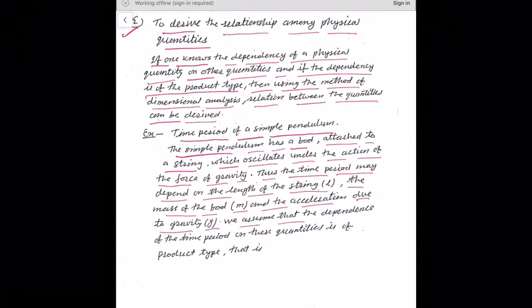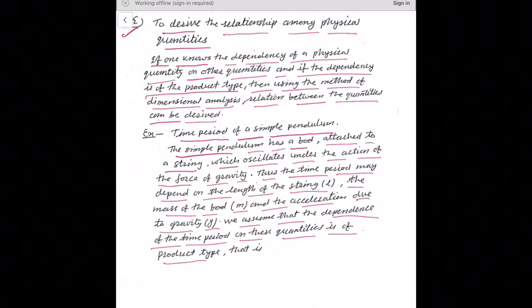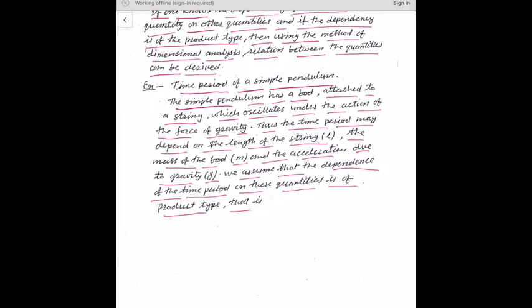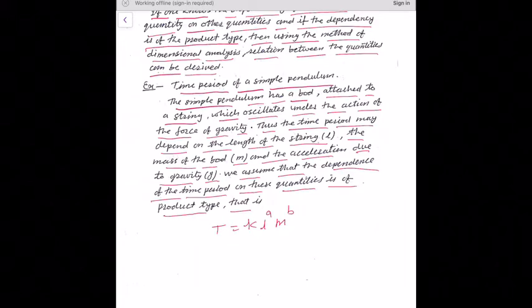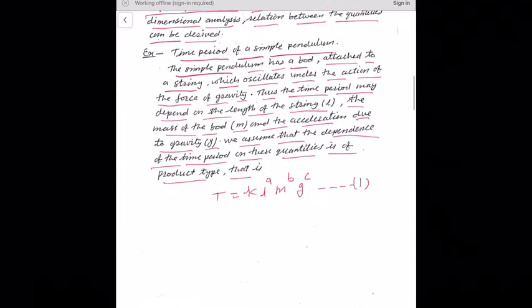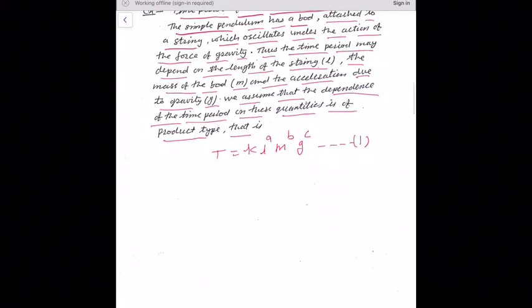We assume that the dependence of time period on these quantities is of product type, that is, t depends on l to the power a, m to the power b, and g to the power c. It is equation 1, where k is a dimensionless constant and a, b, c are powers or exponents which we want to evaluate.